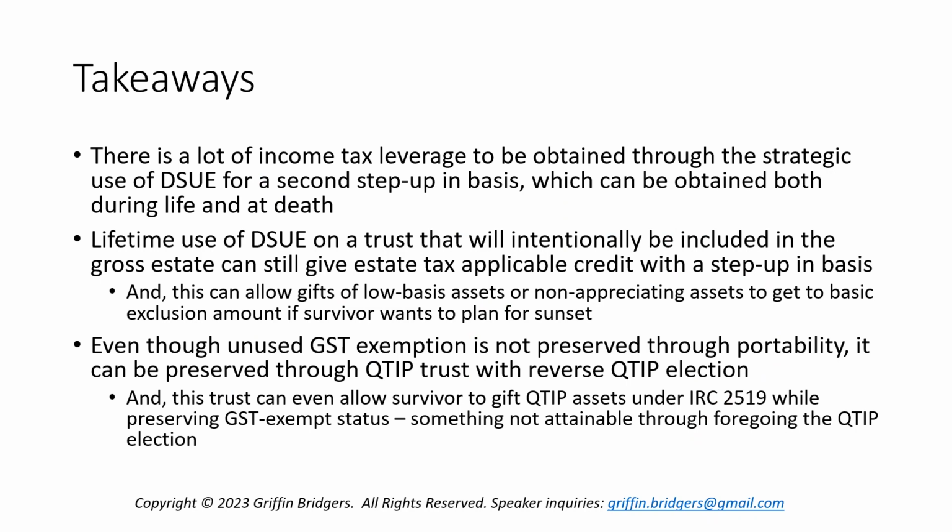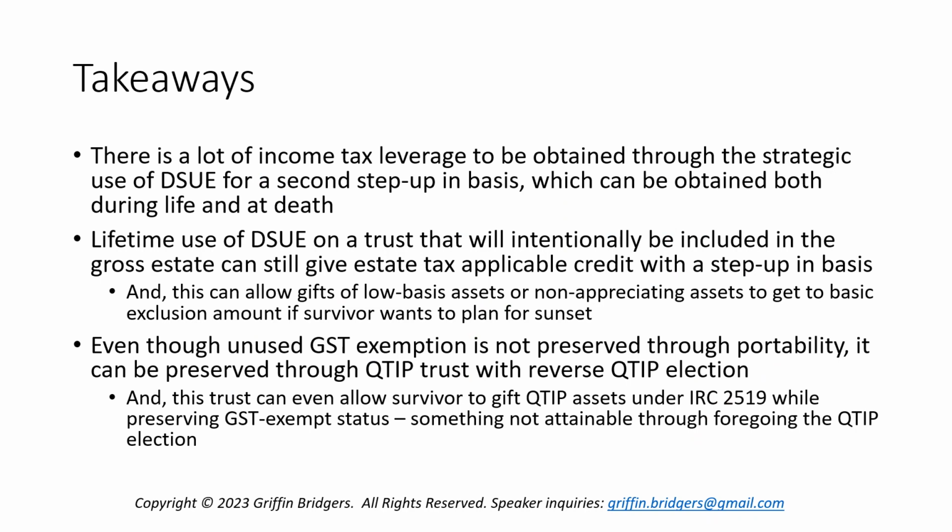And why might we do that? Well, depending on funding source, especially if it comes from a QTIP trust, we may not be able to create a GST exempt trust in the form of a DSUE GRIT, but we could through a DSUE SLAT.